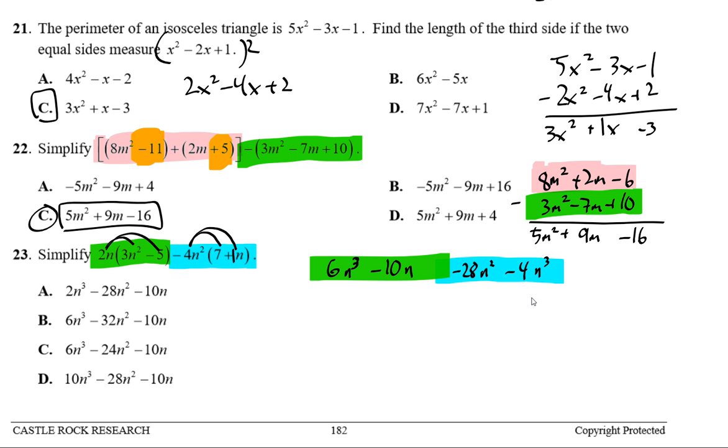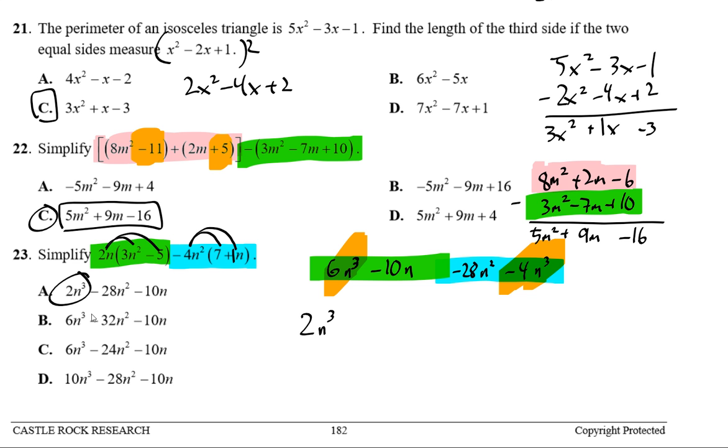I'm going to look for like terms. Looks like there's some cubed terms that I can combine. So that one and that one go together. So 6n cubed and -4n cubed. 6 minus 4 is 2n cubed.